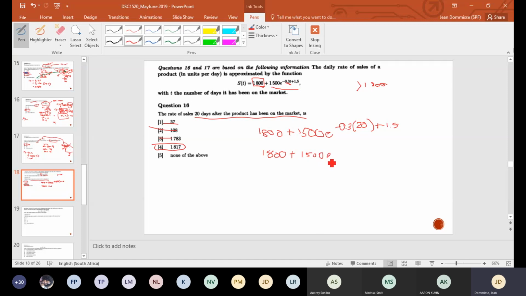So let's just check what is that E. So it is minus 0.3 times 20 plus 1.5.